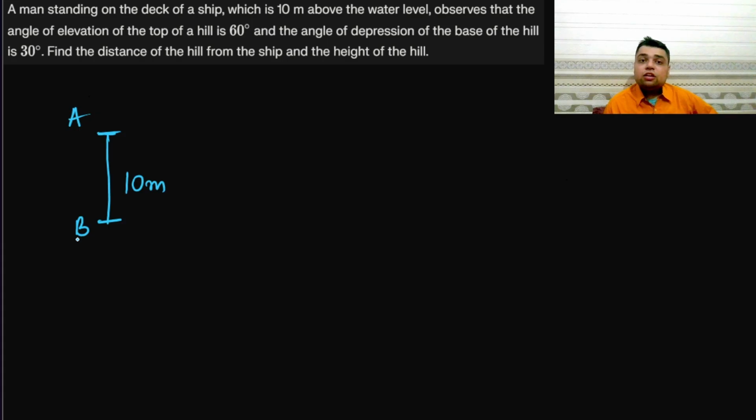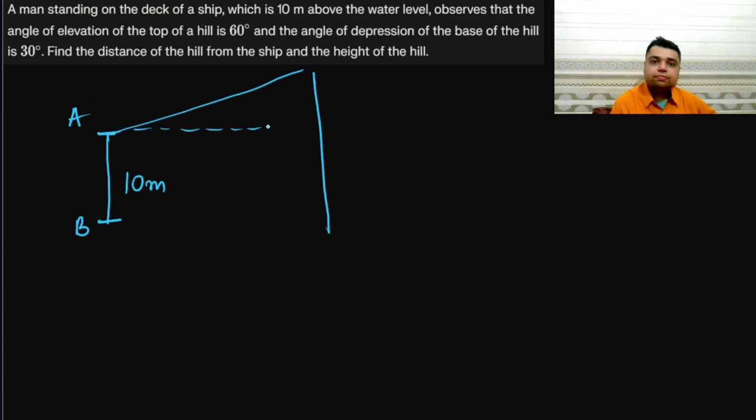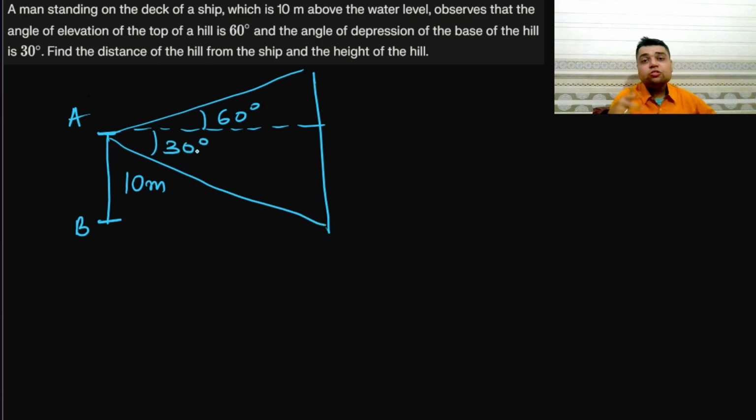Observes that the angle of elevation of the top of the hill is 60. So there is a hill, and this is 60 degrees. Okay, and the angle of depression of the base of the hill is 30. So this is 30 degrees. Okay, although in the diagram 60 looks smaller than 30, but you just get the idea of what the diagram should be.